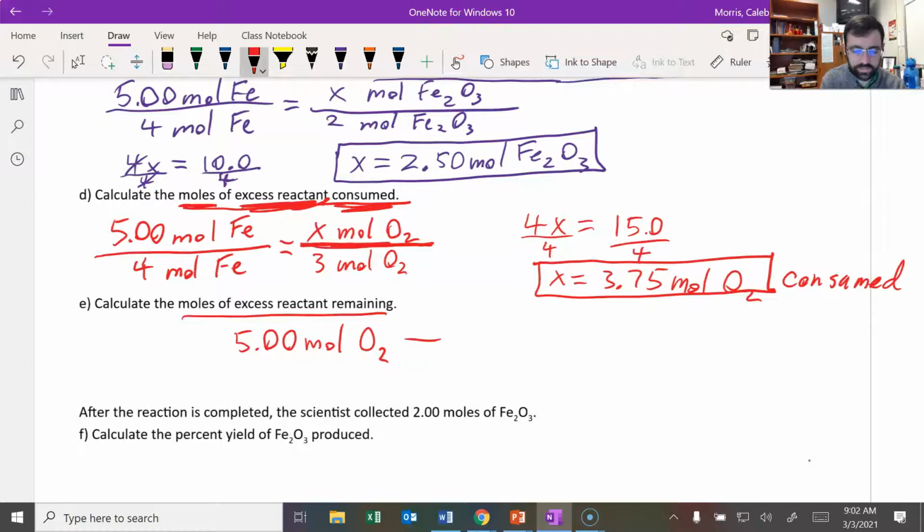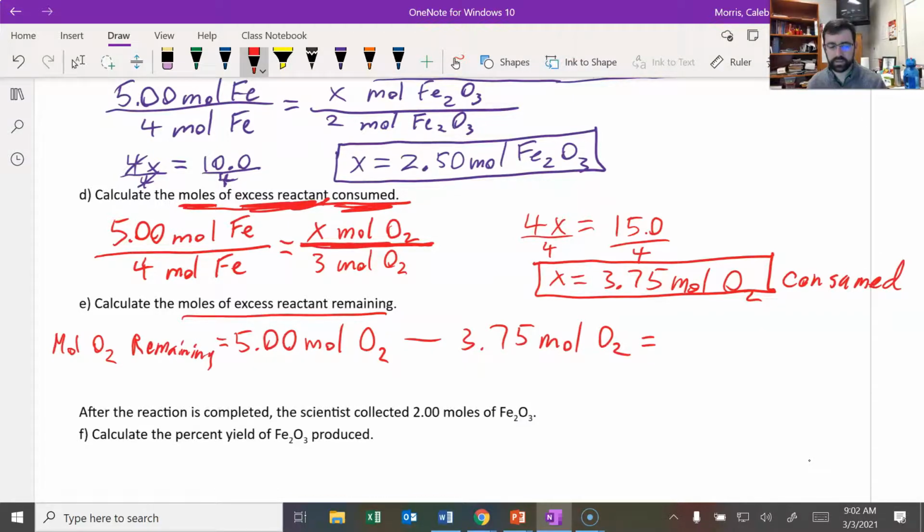I used 3.75 moles of O2. That's going to tell me the moles of O2 that remain. So 5 minus 3.75, end up with 1.25 moles of O2.